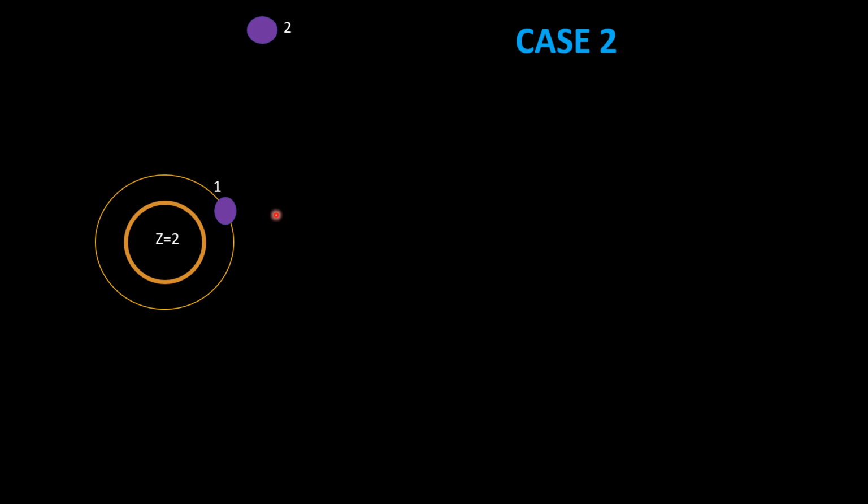So this is the other extreme. It is again the case of a one-electron system, but with a Z effective charge of plus 2, like the scenario of helium plus.